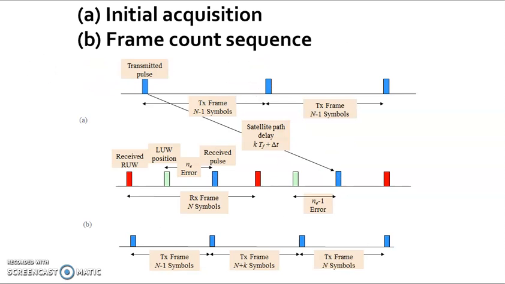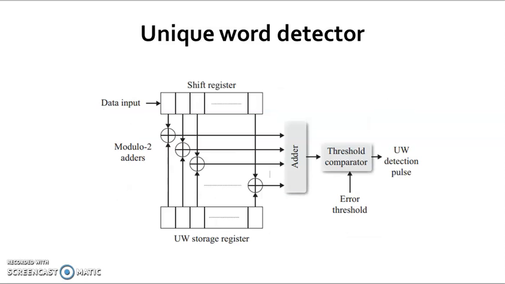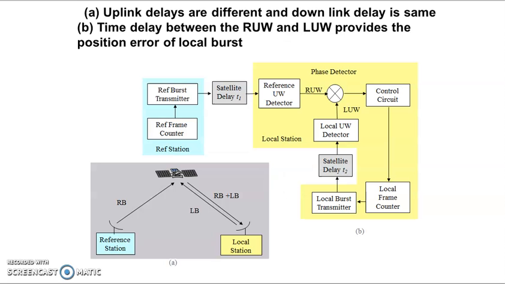That's why we have the initial acquisition system of a TDMA. Because there are multiple stations, each and every station has its unique word. So that's why we have the unique word generator, and then there is a reference station here.